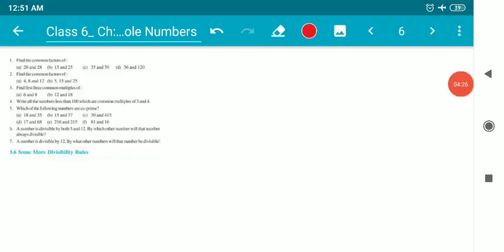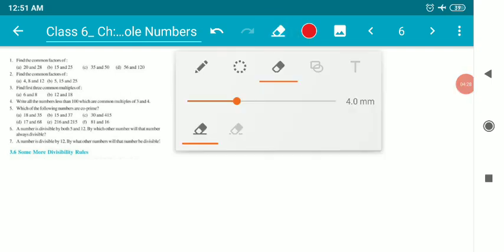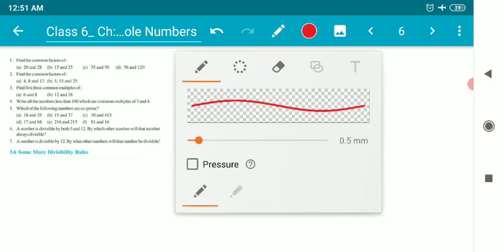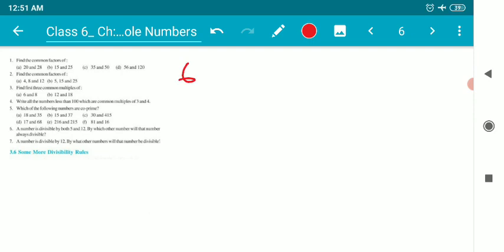Now children, let us discuss question number 6, which is a really very important question. A number is divisible by both 5 and 12. By which other number will that number always be divisible?